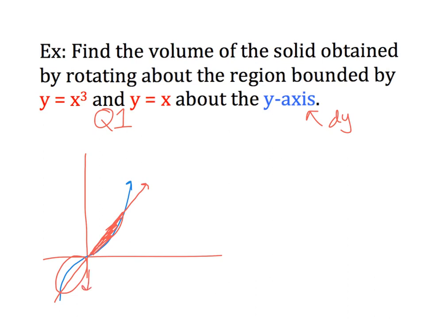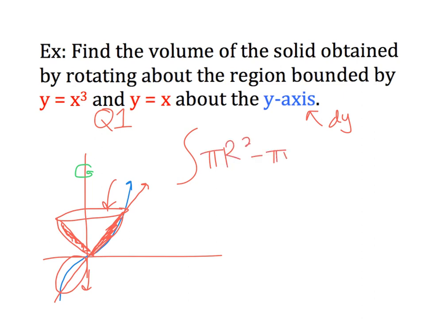You are rotating about the y-axis this time, and so if I rotate about the y-axis, what you get is this sort of hollowed out acorn shape. But notice it is hollow inside, and anytime there's a gap involved that you could maybe fill up with water or snacks, then the setup is going to be the washer method.